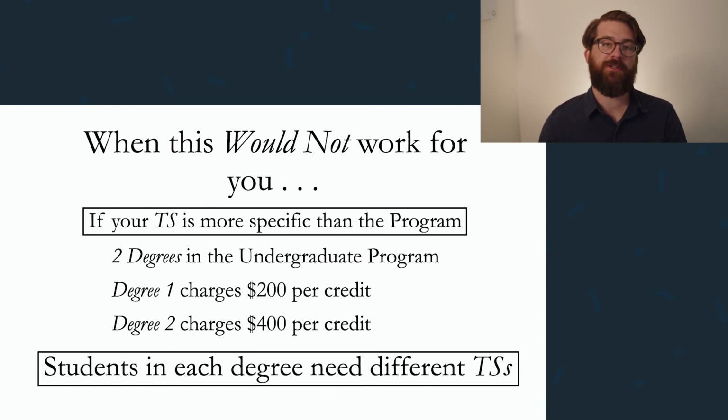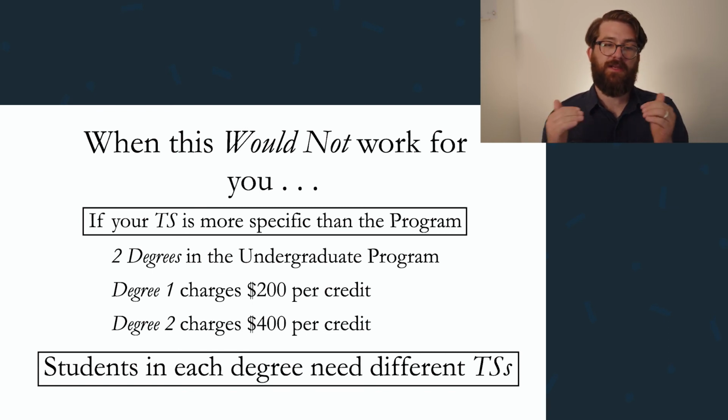Because the default tuition schedule being attached to the program can only really function if that default tuition schedule works for everyone who gets that program. Again, this doesn't mean there's no other way of working around this. It just means that you're going to end up with some manual work here to get those correct tuition schedules to apply to different degrees within the same program. So all is not lost, but you're going to need to think through how you want that process to work.